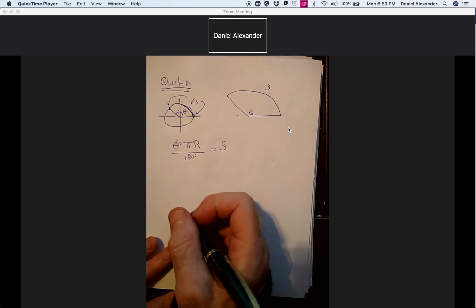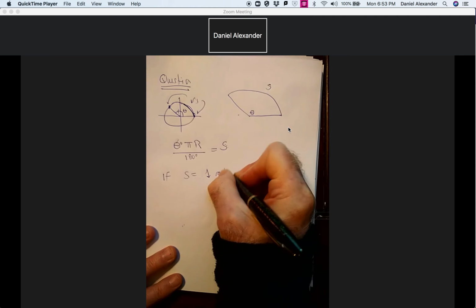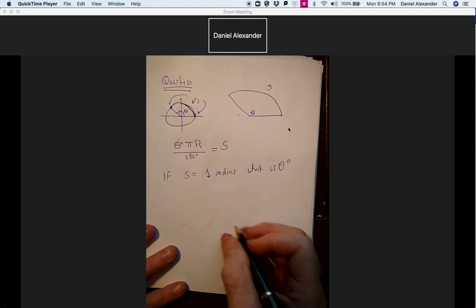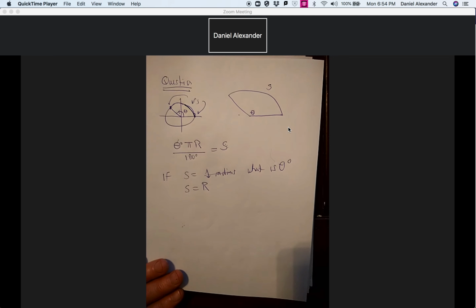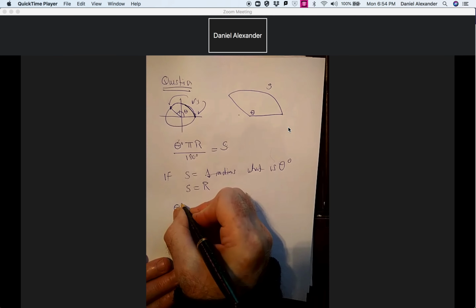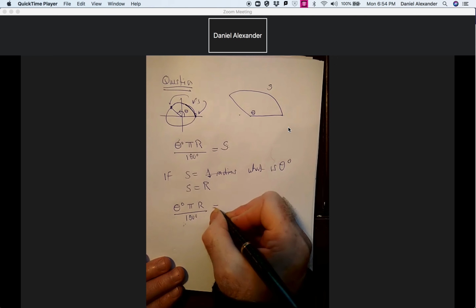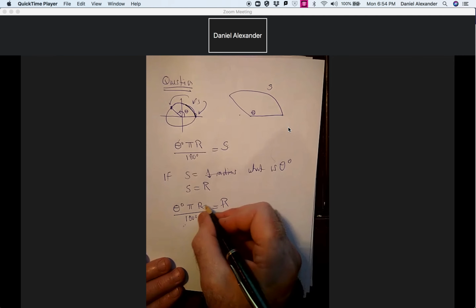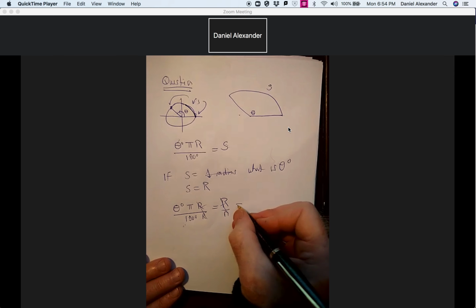Here's my question. If S is equal to 1 radius, what is the angle? In other words, if S is equal to R, what is theta? So here's my formula, and I'm just going to plug things in. My S is R. Notice I have R's on both sides, so I can divide both sides by R, those cancel, and I'm left with 1.